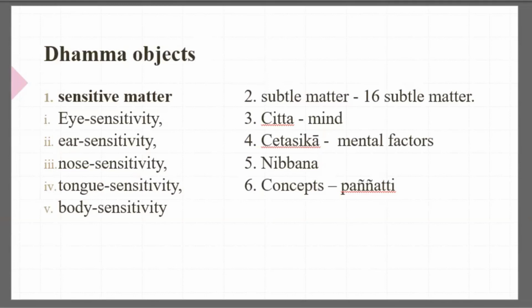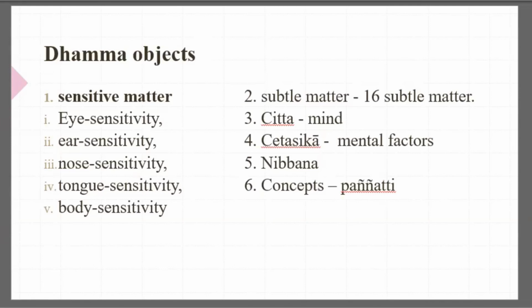So what the Buddha has explained is that there is a sensitivity which takes the visible objects or visible forms. It is sensitive only to visible objects. It was produced by karma.